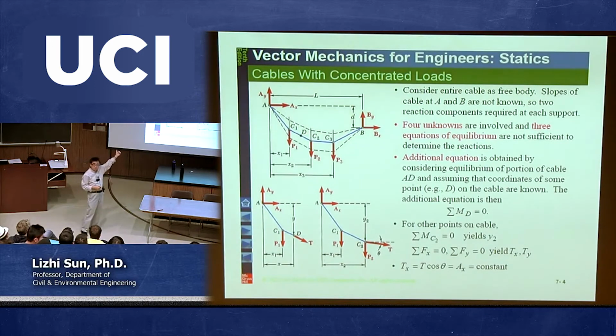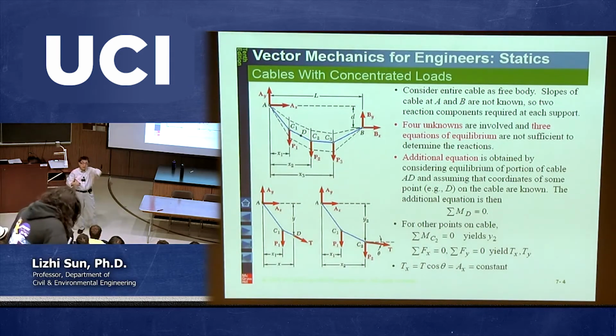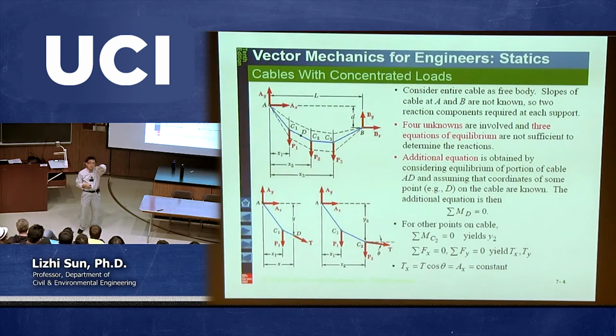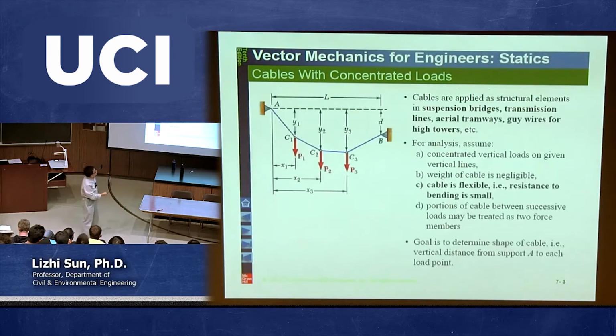For example, going back to any picture you had in chapter 7, when you have a beam and you cut it, then you need to give an internal moment. That's called M. But if this is a cable, there's no internal moment because it's very flexible. That's why when we talk about cables, I highlight here: cable is flexible. In other words, resistance to bending is very small, so you ignore it.